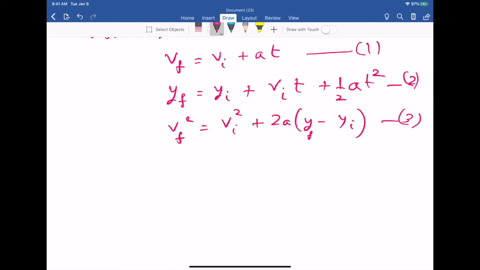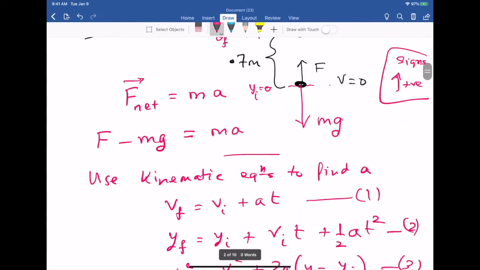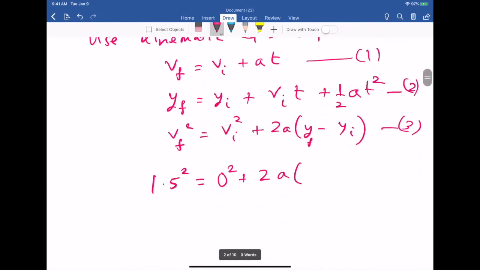It looks like the third kinematic equation is our best bet in solving for a. So let's plug everything in. Our V final is given, 1.5, so 1.5 square. She's starting at rest, so V initial is 0. Then 2 times a times (y final minus y initial), which is just the distance she covered, 0.7 meters.